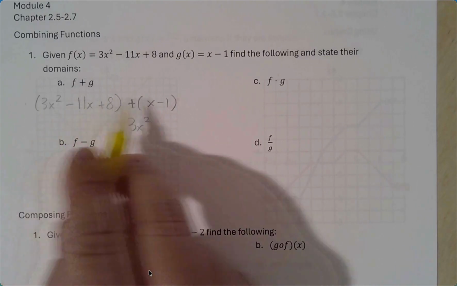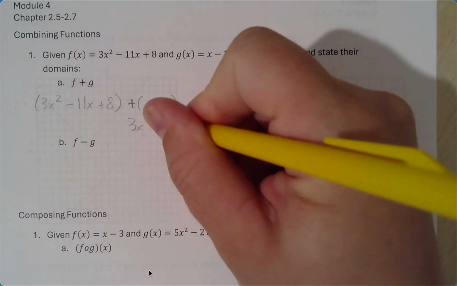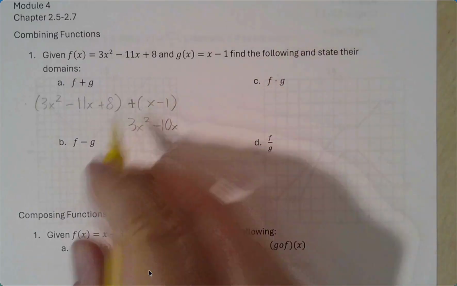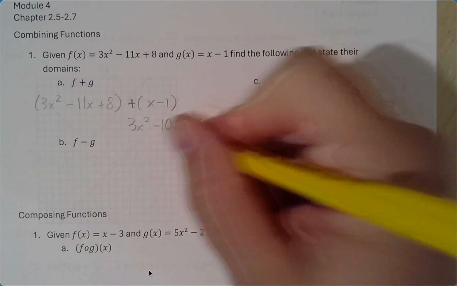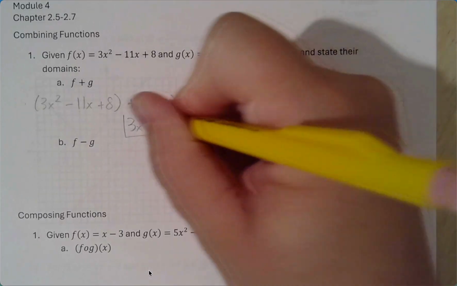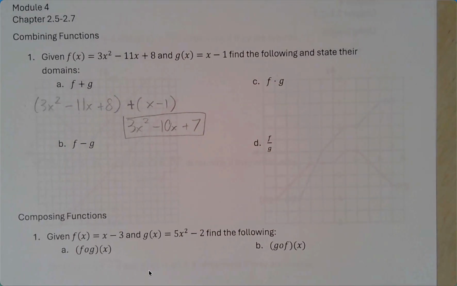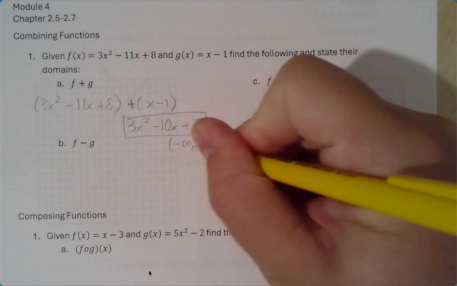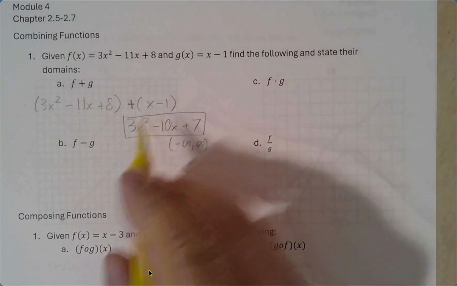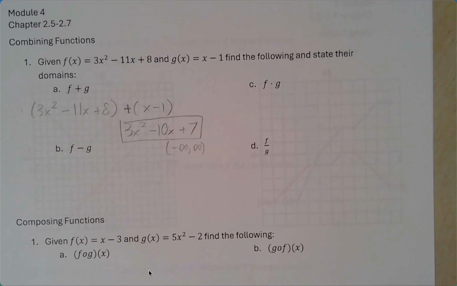A negative 11x and a positive x is negative 10x. And 8 and negative 1 would be plus 7. So there we go. And what we also need to call out is the domain of this. And so the domain of this would be negative infinity to infinity because there are no fractions and there are no square roots in essence.